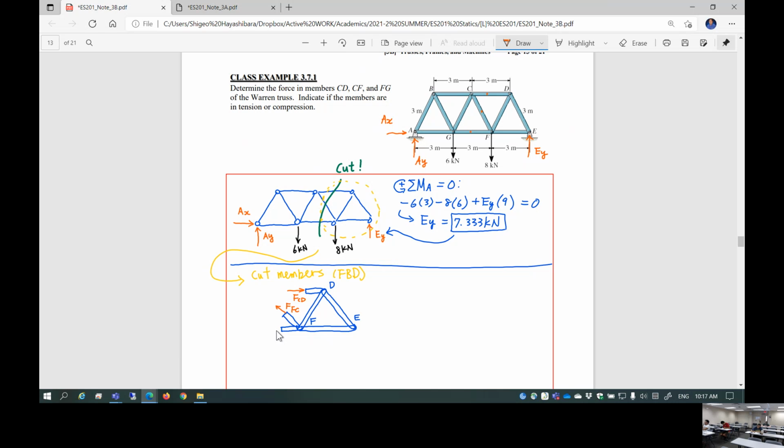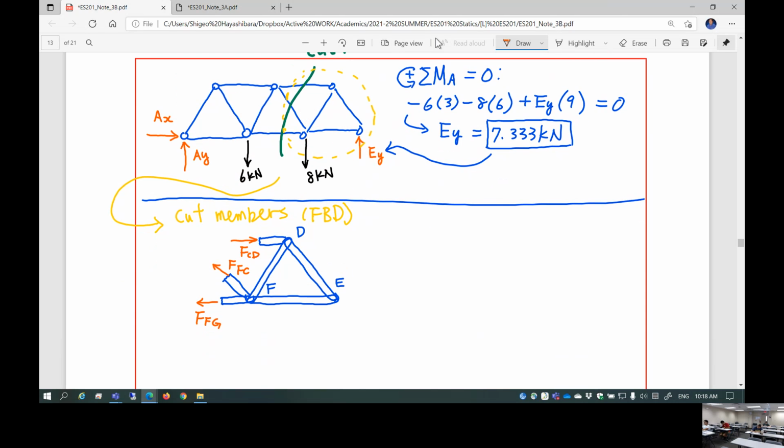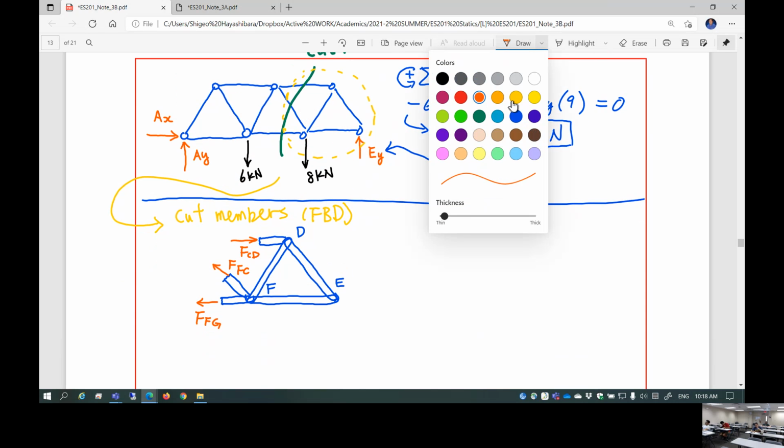Okay. And this is internal loading. This is FG. Okay. Let me just zoom in again. So 3 unknown loadings show up.